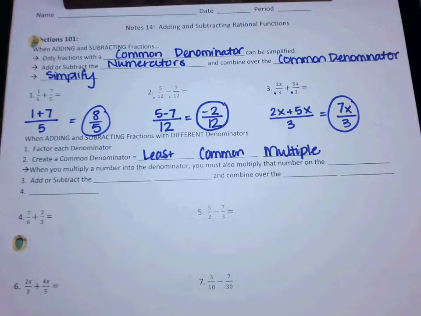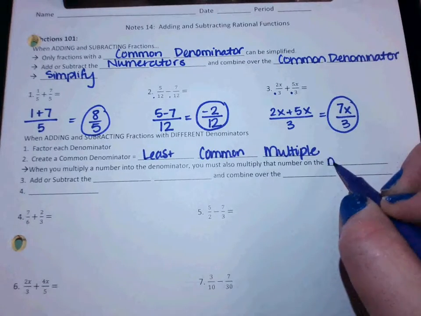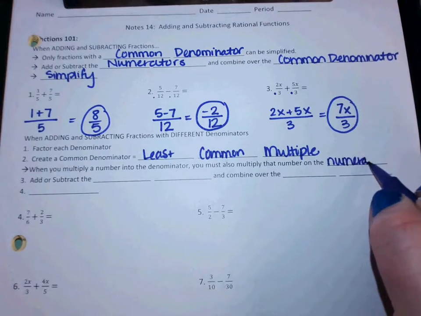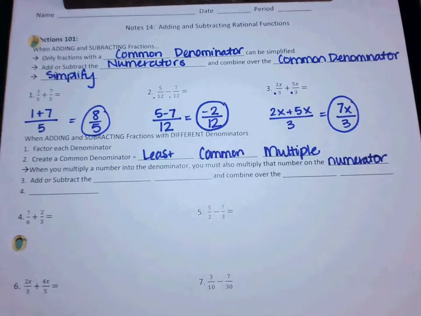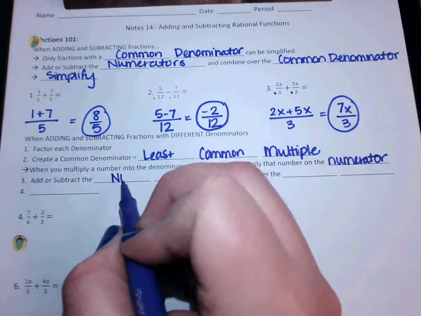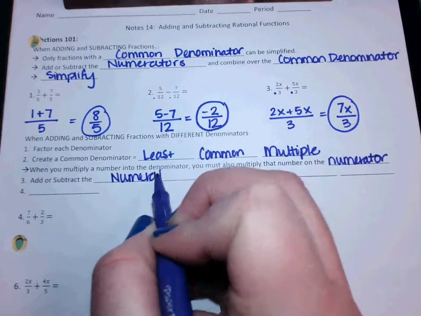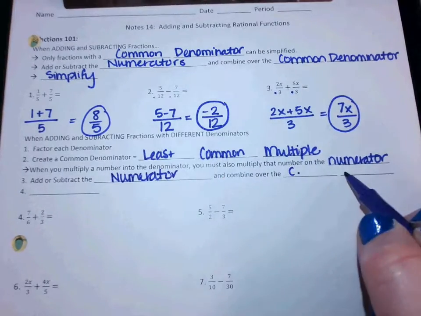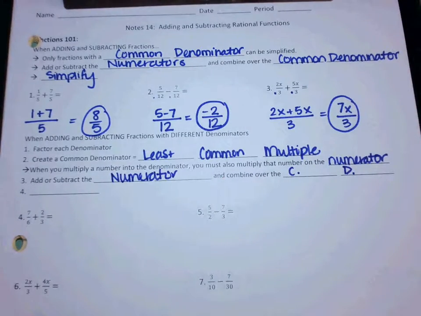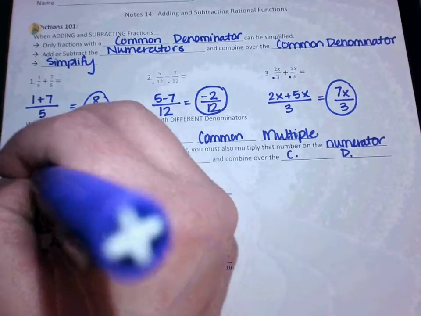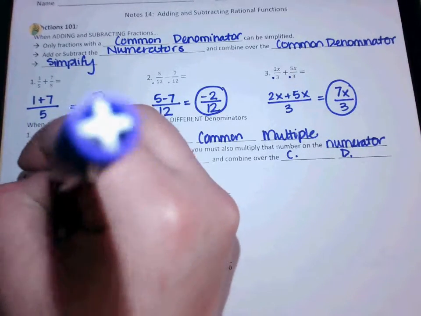When you multiply a number in the denominator, you must also multiply that number in the numerator. Then from there, you're going to add or subtract the numerators over the common denominator, which I'm going to abbreviate CD, and then you're going to simplify.